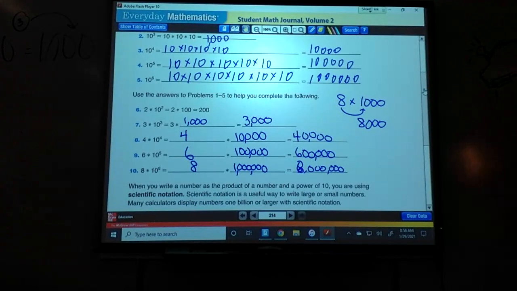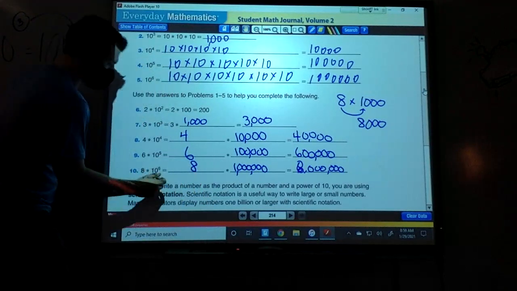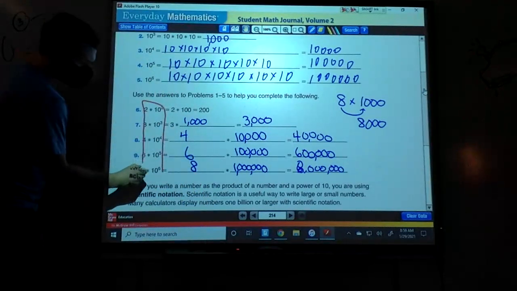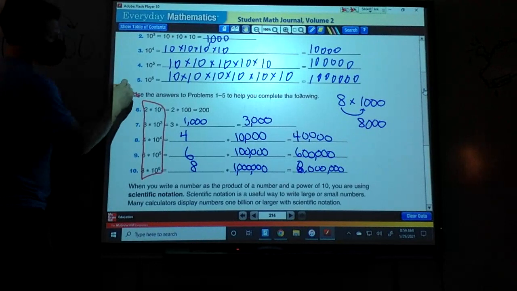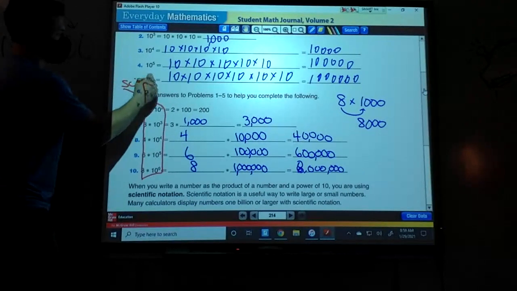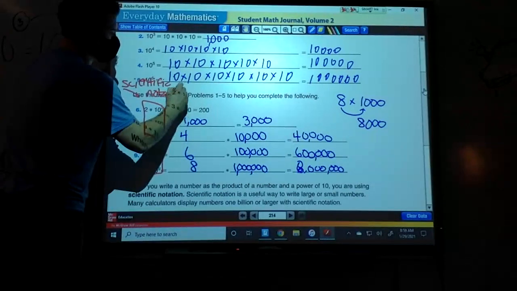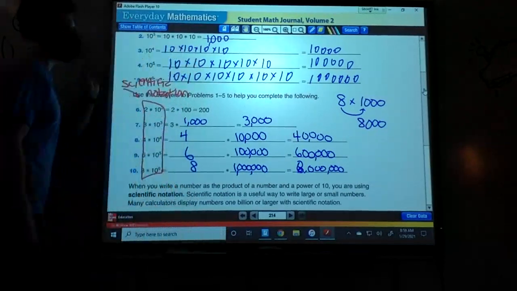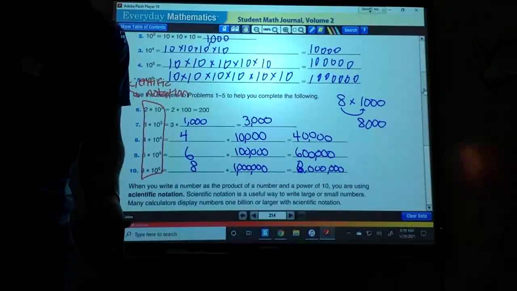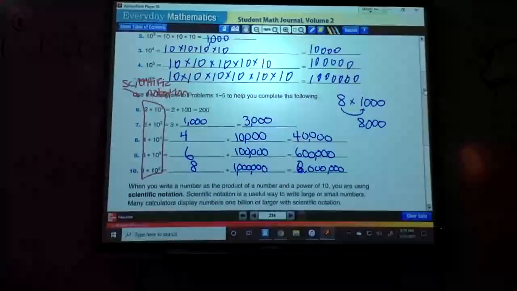Now, taking everything on the left side here, this is what we call scientific notation. And if you look at the top of the page, that's what our lesson is titled, Scientific Notation. That's a fancy way of saying we're going to take a number times 10 to a power to talk about really big numbers.